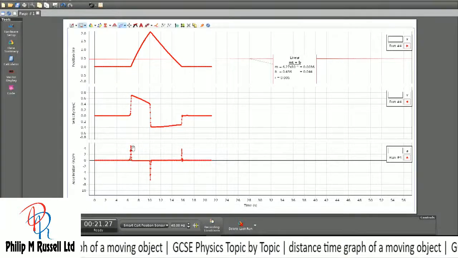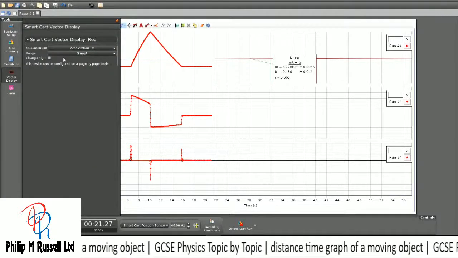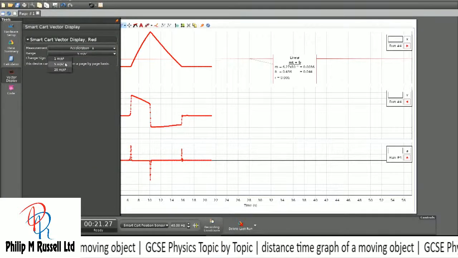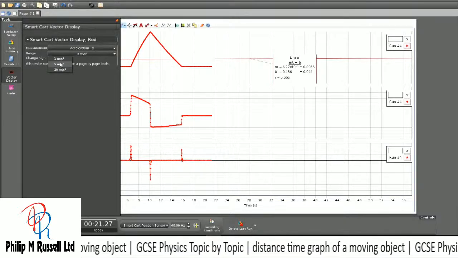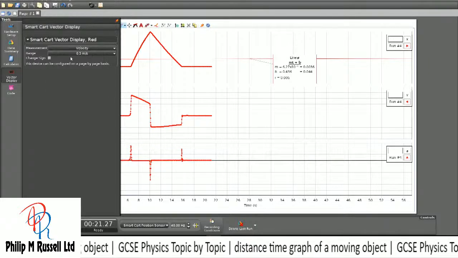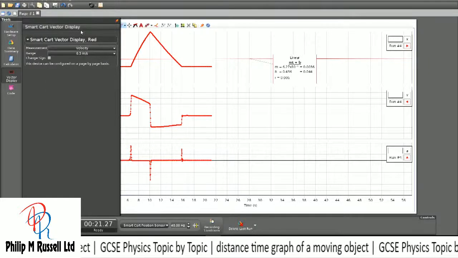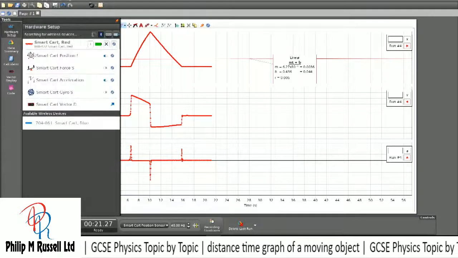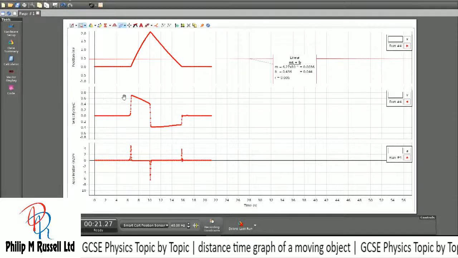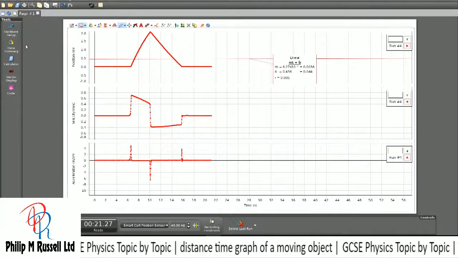And I can look at my acceleration. The vector display on it, I can set this to run for velocity, and if I look at my velocity here, it is going up to about 0.8.